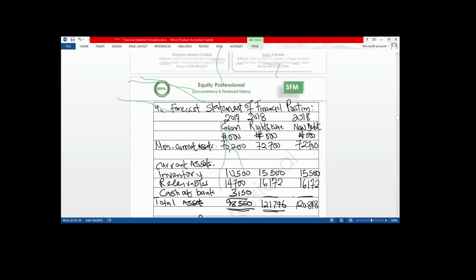What is the balancing figure, please? That is your cash at bank. 17,424.